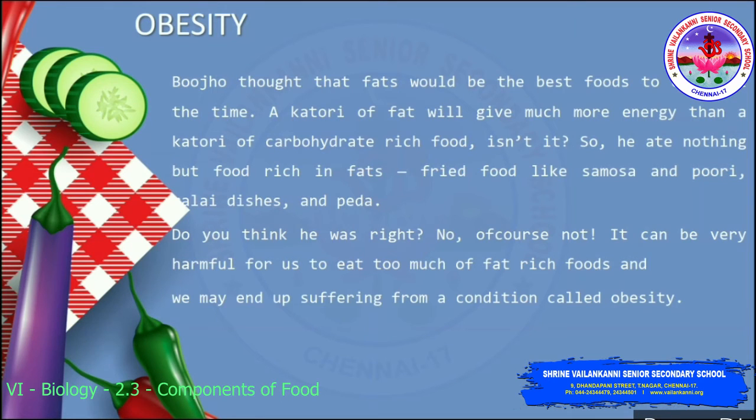So he eats fat-rich food. A katori of fat will give much more energy than a katori of carbohydrate-rich food, isn't it? So he ate nothing but food rich in fats. Fried food like samosa and puri, malai dishes and peda. Do you think he was right?